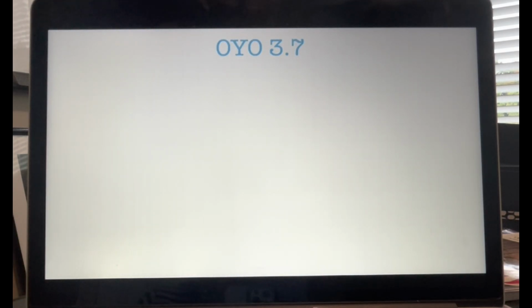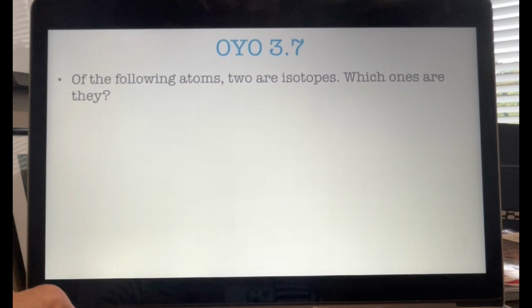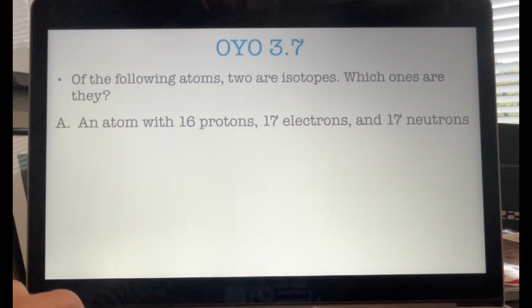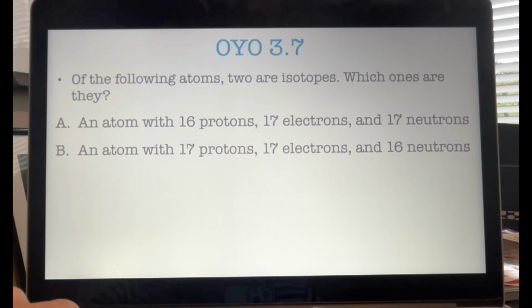On your own, 3.7. Of the following atoms, 2 are isotopes. Which ones are they? Now let's just review. To be an isotope, you have to have the same number of protons. An atom with 16 protons, 17 electrons, and 17 neutrons. An atom with 17 protons, 17 electrons, and 16 neutrons.